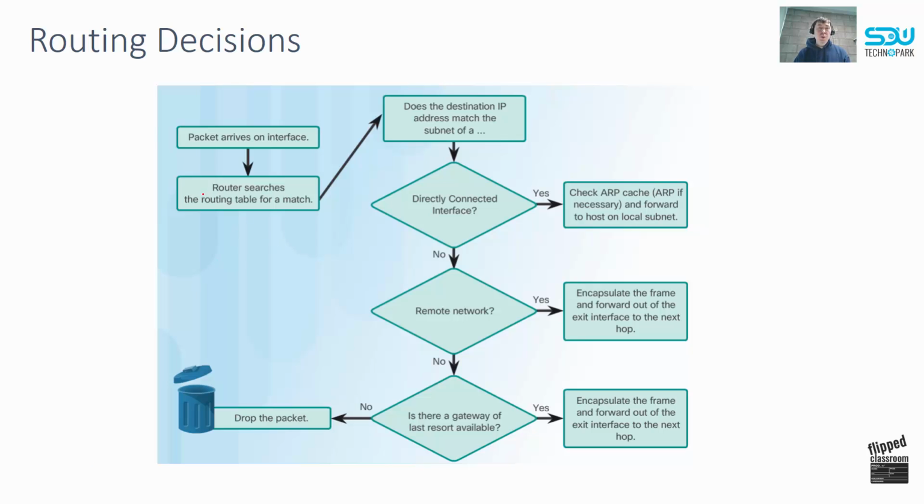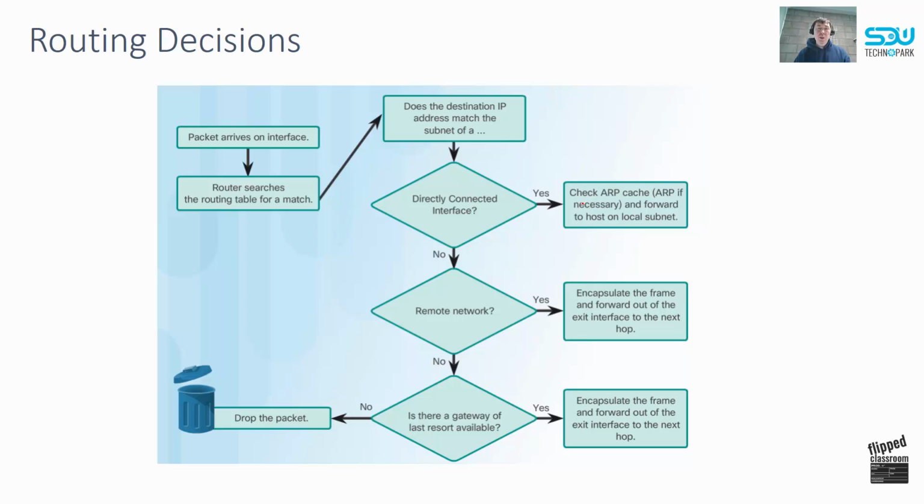Then the router searches the routing table for a match, and if the destination network is directly connected to one of the interfaces, the router looks in the ARP cache, and if there is no MAC address for the destination IP address, the router makes an ARP request by broadcast.